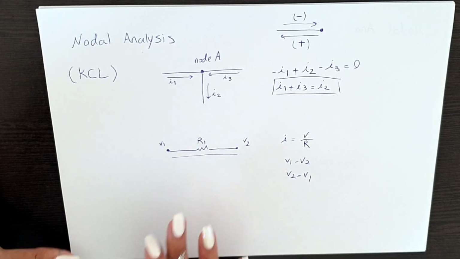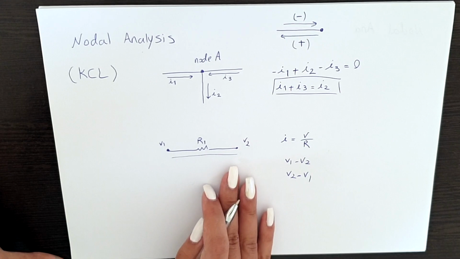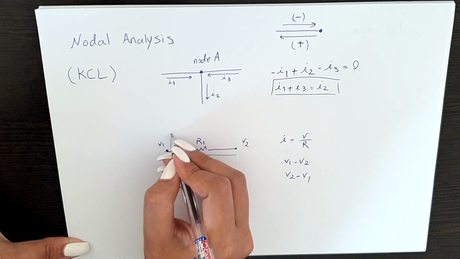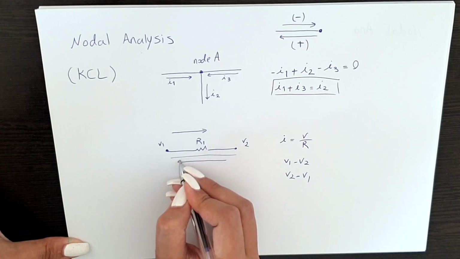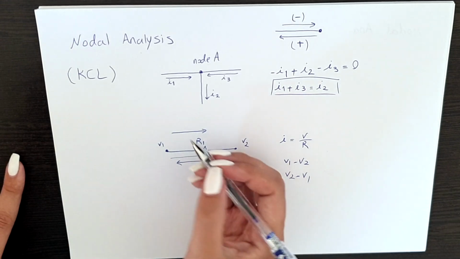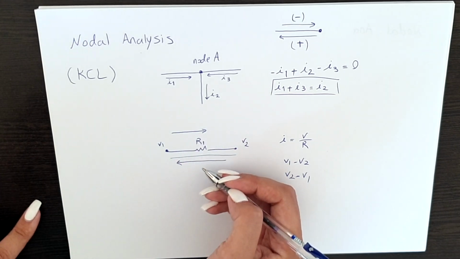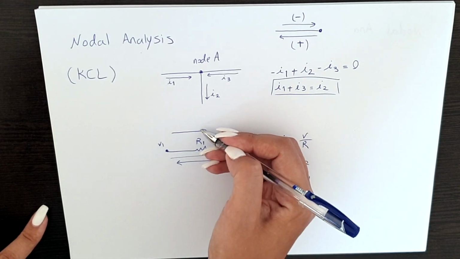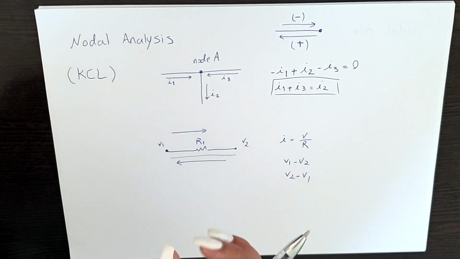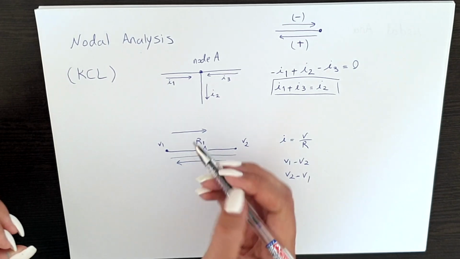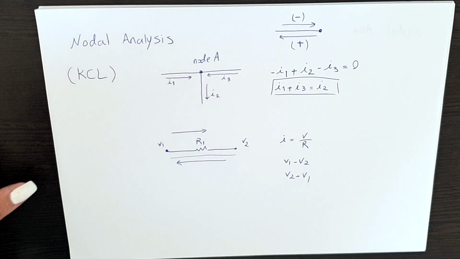But it depends on which current we are finding. We can consider our current from this side to the other side or from the other side to this side, which, as we know, if this one is plus, this one is going to be minus. If this one is a negative number, this one is going to be a positive number. So there is only one sign change between this current or that current.